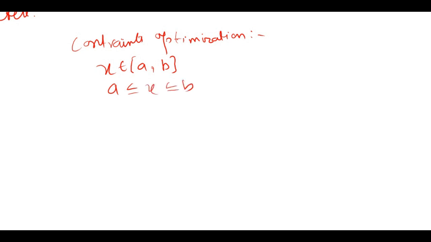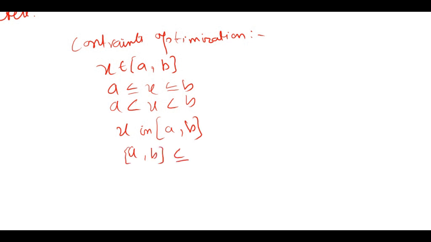I can also write x in the interval a, b. In the discrete case, where we have integers, I can say it is a subset of the integers. Or if I make it continuous, like 1.1 and 1.2, I can say it belongs to the real numbers as well.